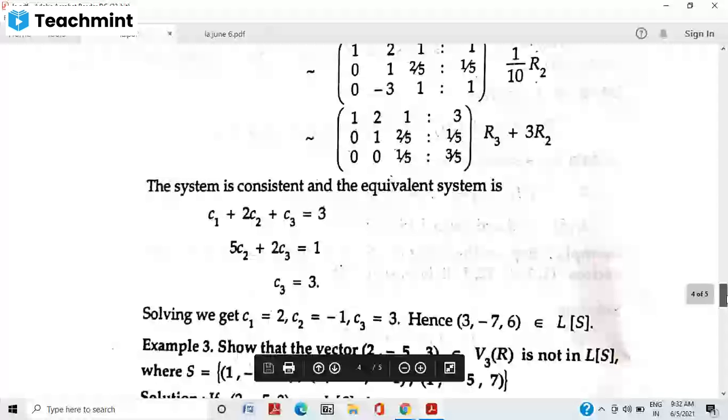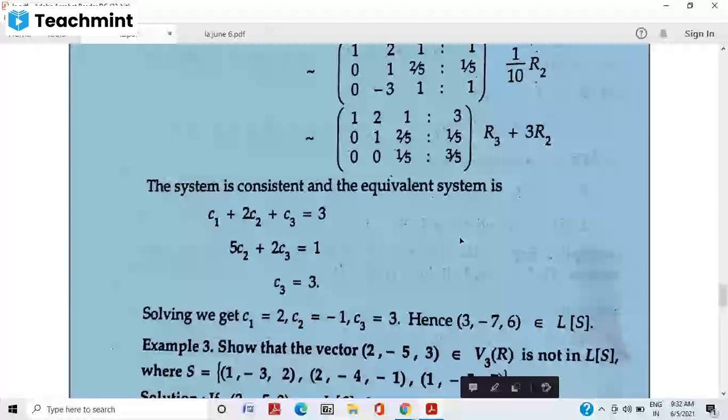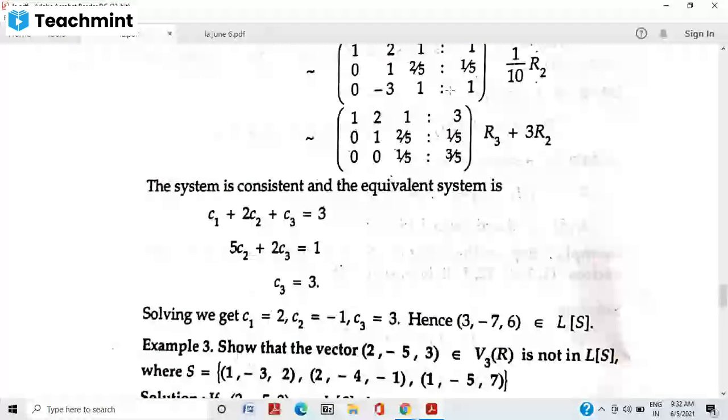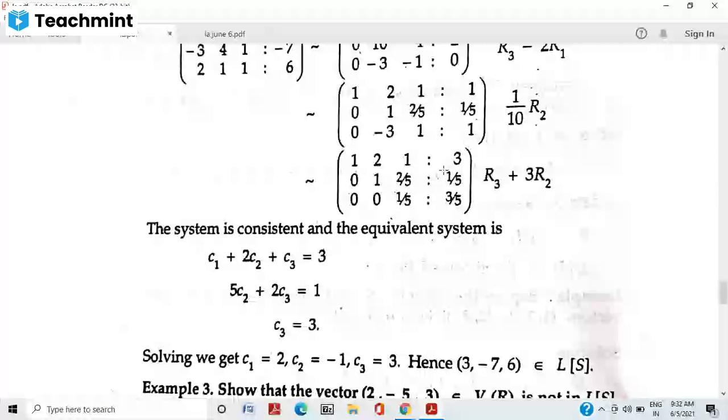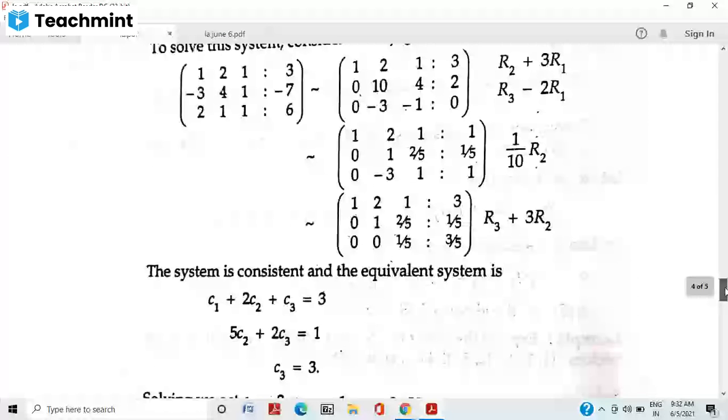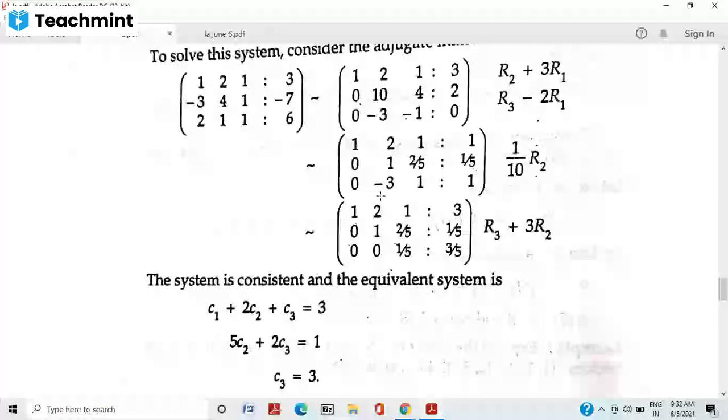Then next, what will we get? Because it was solved and written again, here we get 11 by 5, and here are you getting the same 1 by 5? One second. Minus 3 plus 3. Here, one minus 1 is there. Here it is written wrongly.